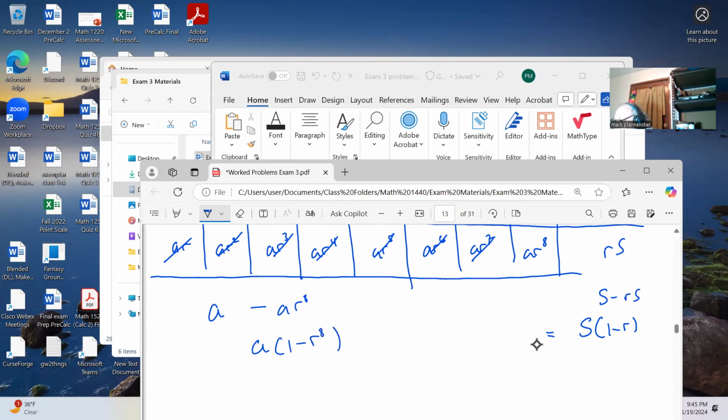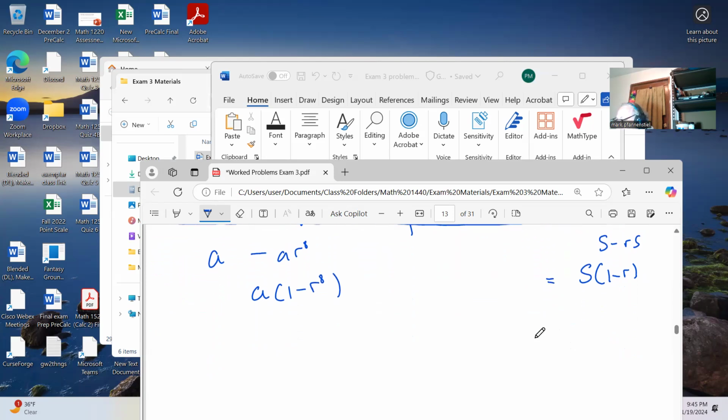Then the last thing we're going to do is divide by 1 minus r on both sides. So this total sum is going to be a, remember that was 4 million, times 1 minus r to the eighth, that was 3 quarters, divided by 1 minus 3 quarters.